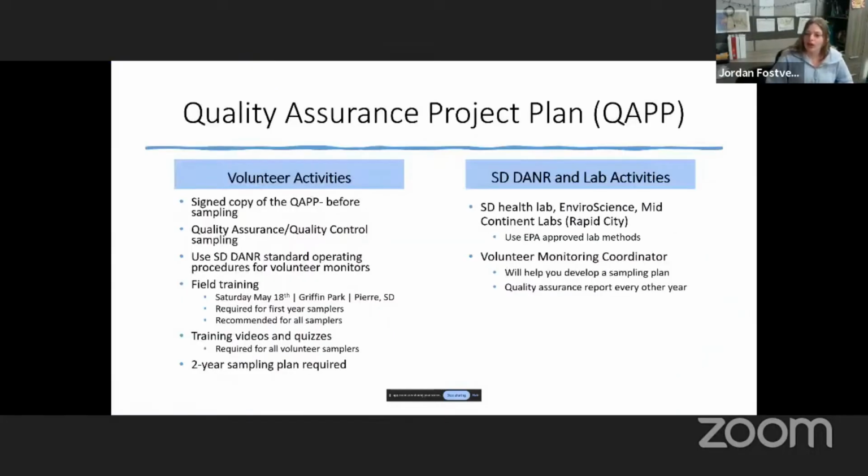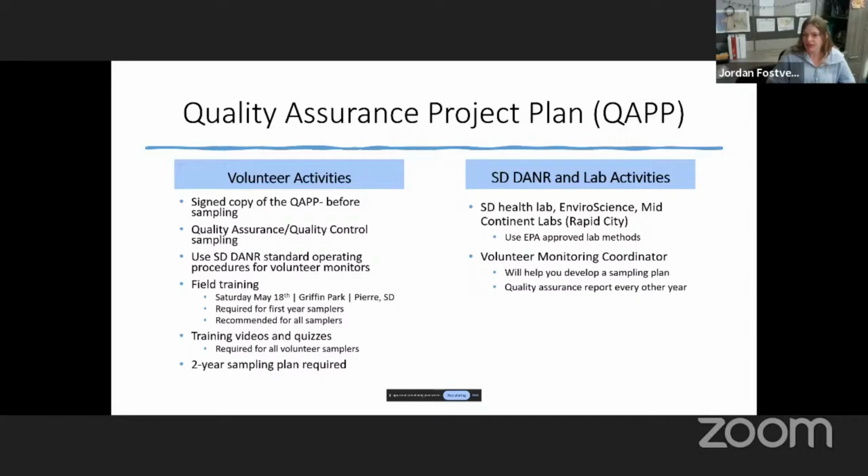There's also something called a Quality Assurance Project Plan, which we will refer to as a QAP. So under that, it outlines specific volunteer activities and activities that we have to follow and the lab has to follow. So the volunteer activities require you to sign a copy of the QAP before you can start sampling. It also requires that you do quality assurance, quality control sampling, and use the standard operating procedures for volunteer monitors.